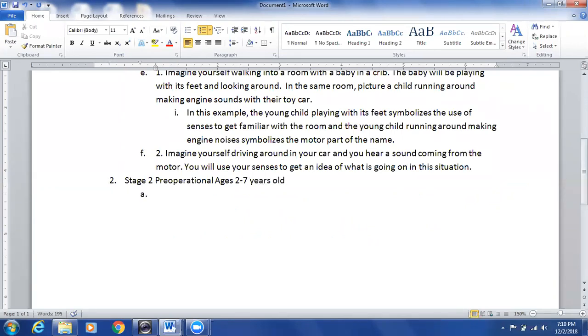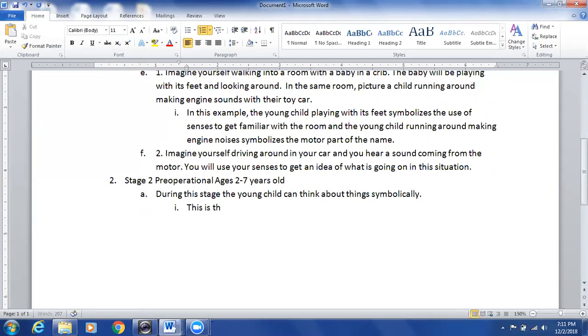What is happening during this stage is the young child can think about things symbolically. So a little more based on association of things.